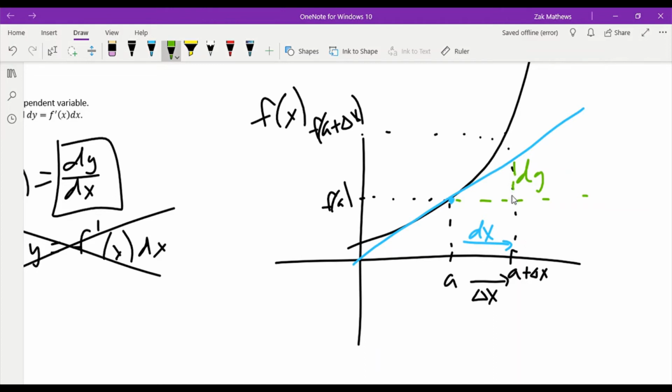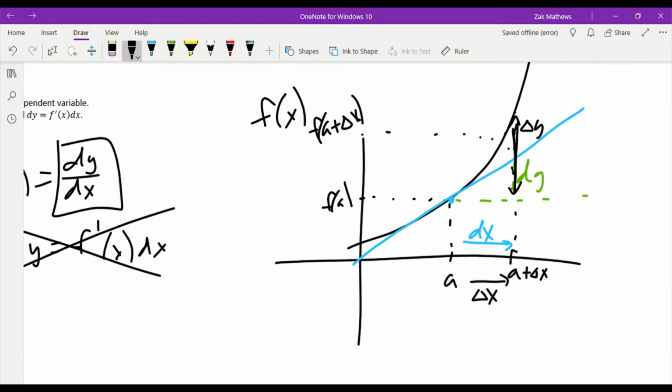Now, we could have found a delta y before too, right? This is still my initial height, that initial f of a, and if we draw a line directly up, this black dotted line here would be our delta y. The delta is representing an exact amount of change, the whole way from the green line up.